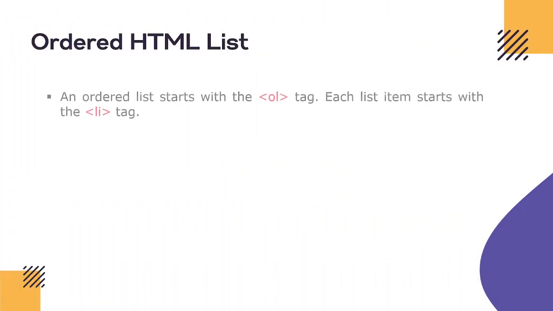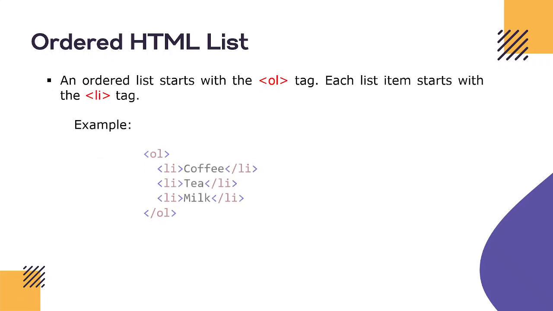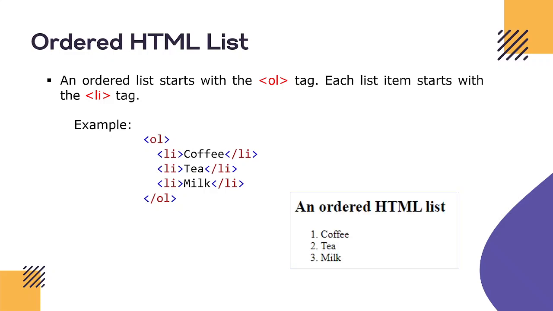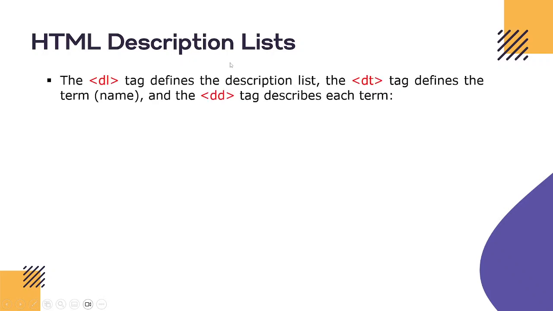While the ordered list starts with an ol tag and each list item starts with li. Okay, example, ol, li. And this is the output. So numeric, pasunod. Okay, the HTML description list, or the dl tag, defines the description list. The dt tag defines the term or the name, and the dd tag describes each term.